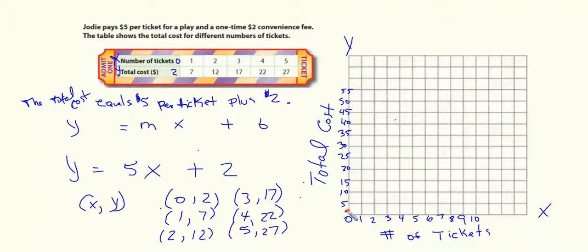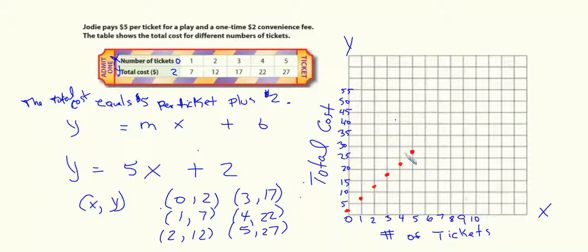There we go. When x is 1, y is 7. X is 2, y is 12. X is 3, y is 17. 4, 22. 5, 27.